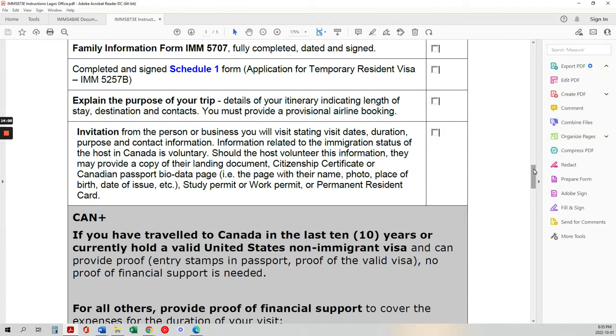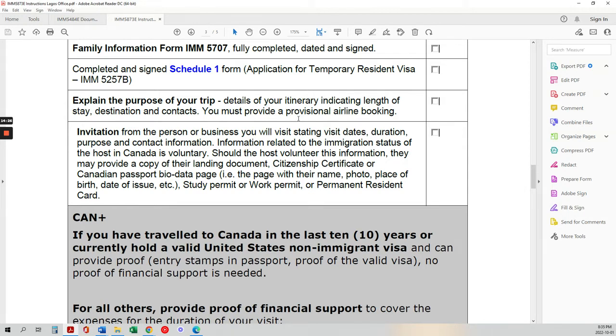It's going to cost you a token of money to get this, but you're not paying for the flight. Okay, a lot of people don't understand what this is, the provisional airline booking. Now, there are services online that you can definitely tap into. So just be aware there is going to be a small fee for that because they are holding a booking for you.